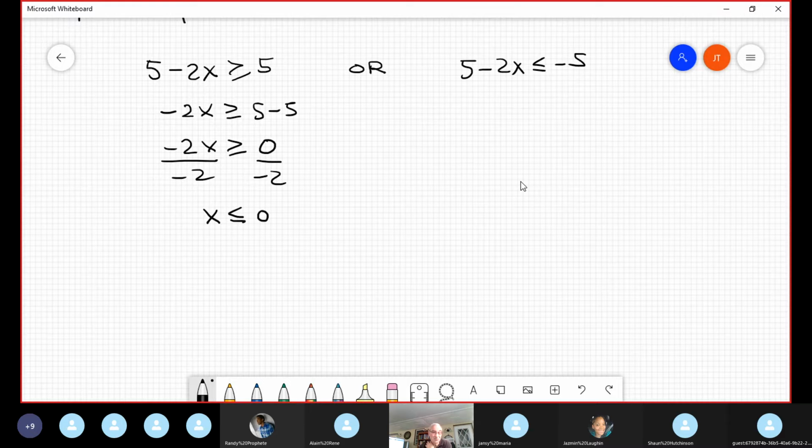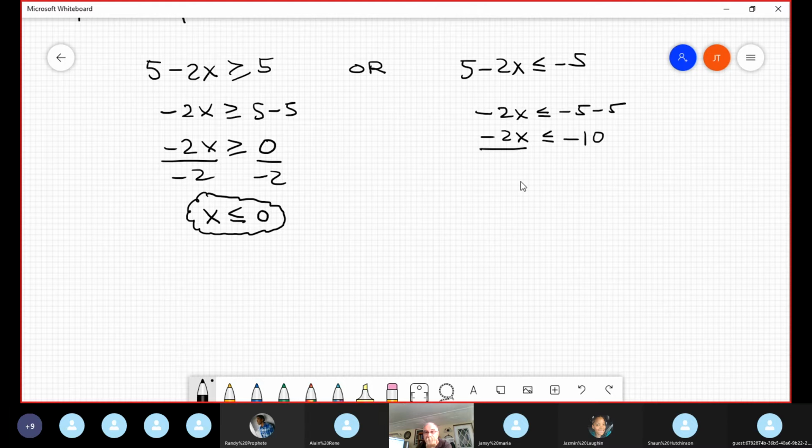And this is 1 piece. It's a negative number. And the second part is minus 2x less than or equal to minus 5 minus 5. Minus 2x less than or equal to negative 10. Divided by negative 2 on both sides. X is greater than or equal to, switching the sign again, 5.